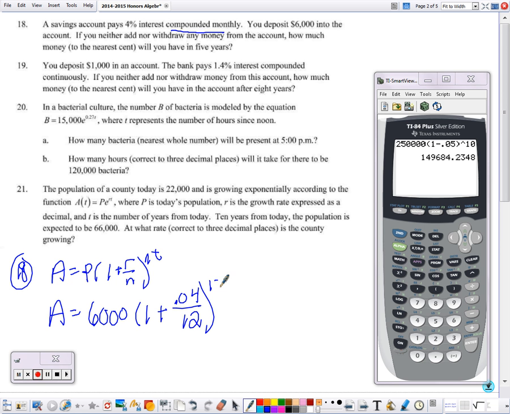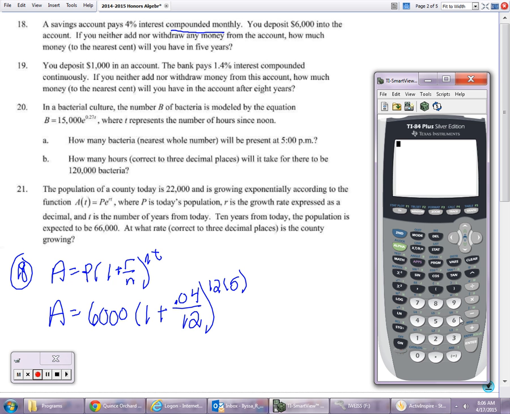Monthly is a unit of 12, and after 5 years, we're going to plug in 5. And for these problems in the calculator, I like to type the formula in pieces so that I make sure the calculator does the order of operations that I want it to do.